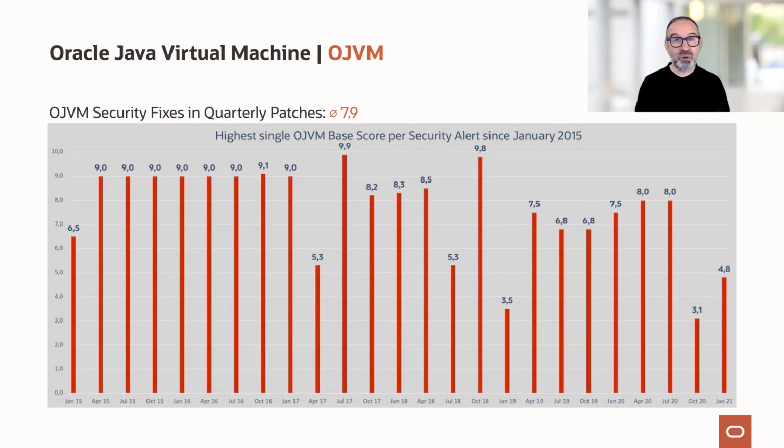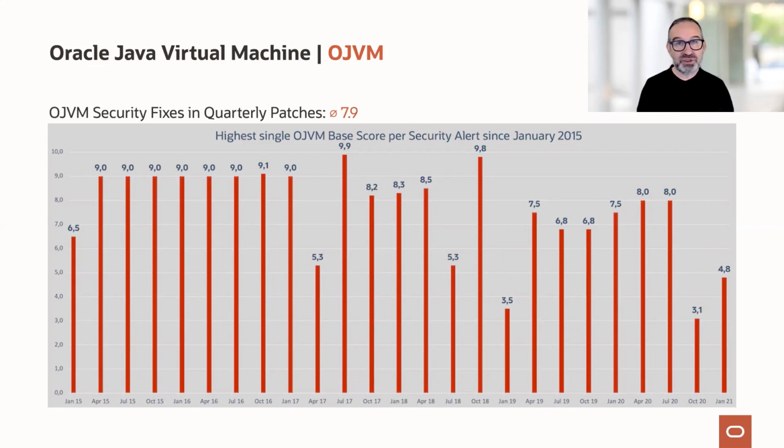But OJVM is extremely powerful, and that means if there's a security loophole, it may be very, very critical right away. So don't get me wrong here. I'm not saying OJVM is bad. I'm just saying if you have OJVM, the probability that you have to patch quarterly is extremely high.